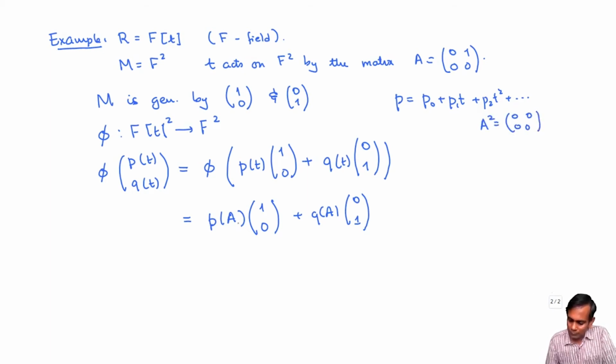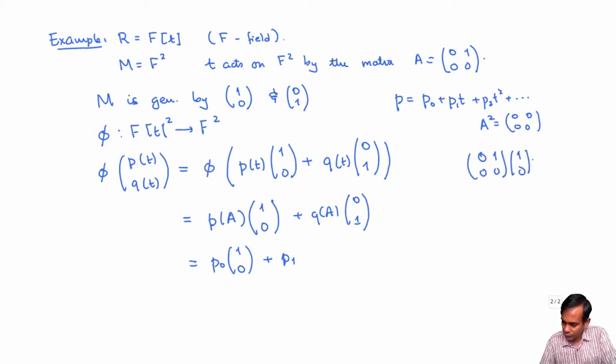So when we evaluate p of A, there will be only two terms, p0 plus p1 times A. So this will give us p0 times 1, 0 plus p1 times A applied to 1, 0. But A applied to 1, 0 is 0, right? You do this matrix multiplication, you get 0, 0. So there's no term here.